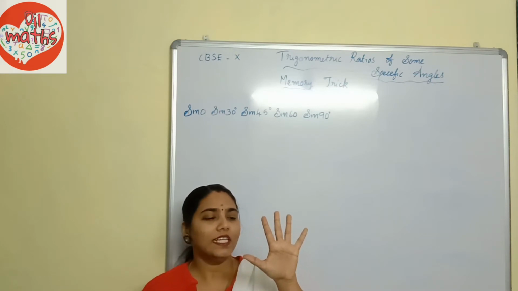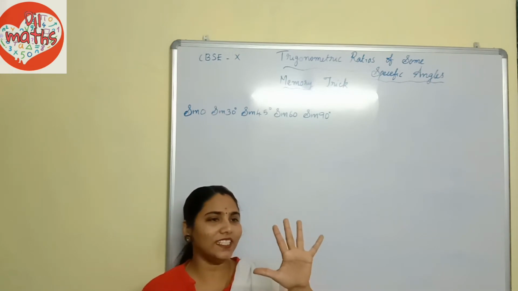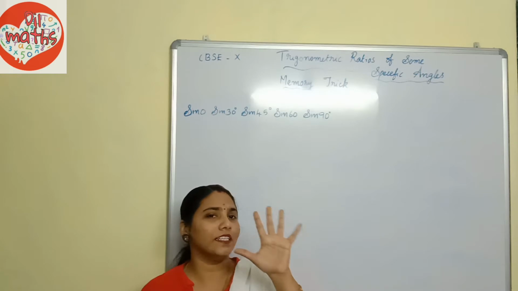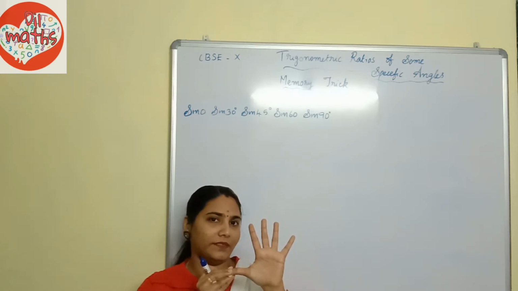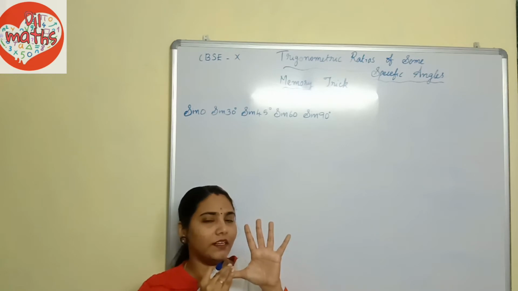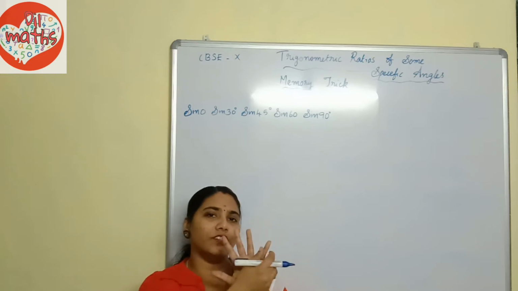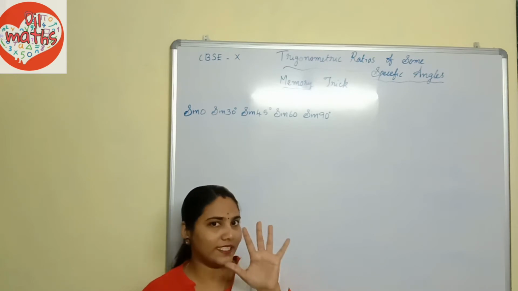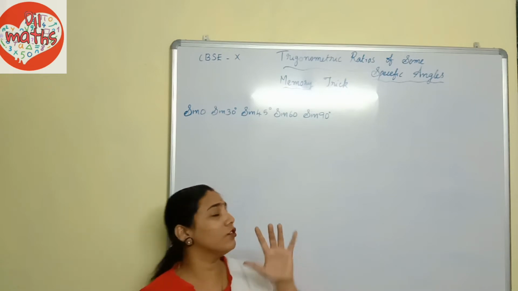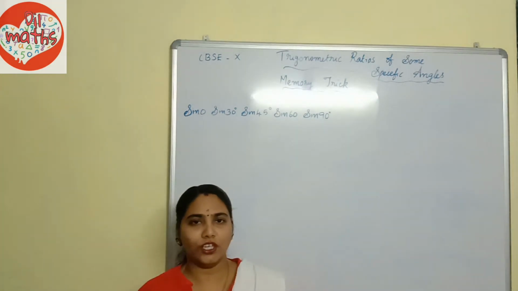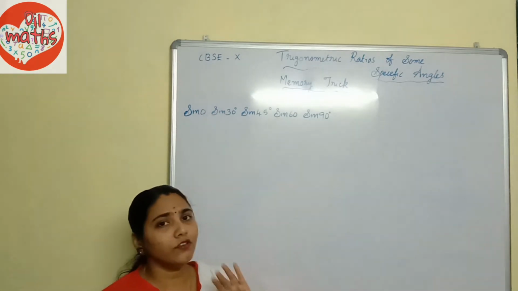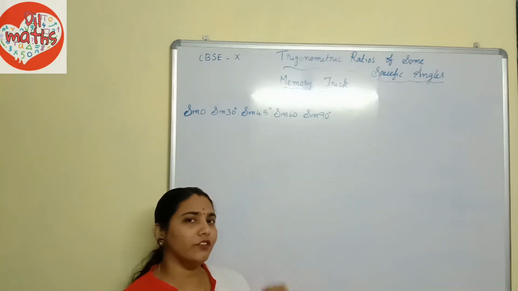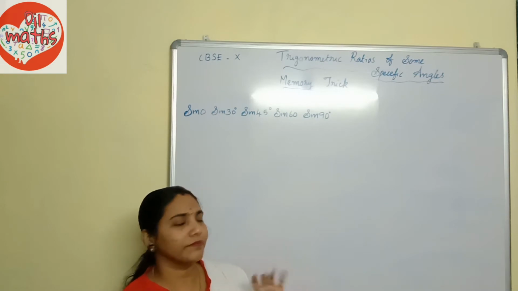So, in sine theta, that means while taking sine values, we will choose thumb side. But while taking cosine values, we will choose little finger side. Okay, here we are first going to find out sine value, so we will choose thumb side. What is the formula for finding out the values of sines?